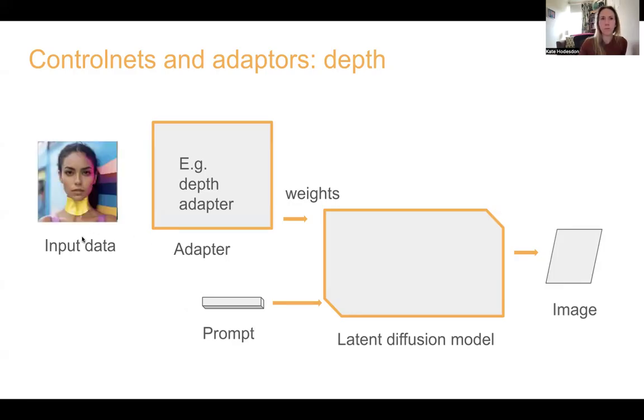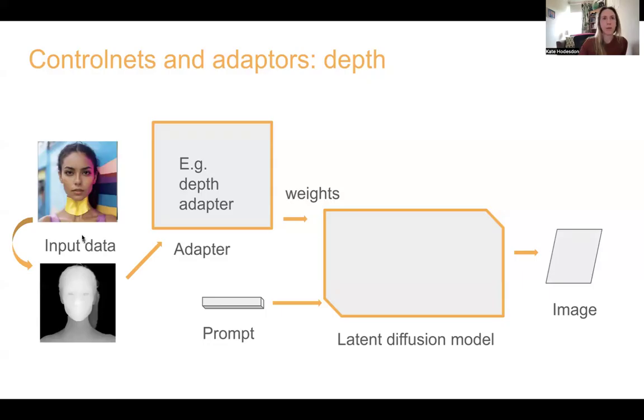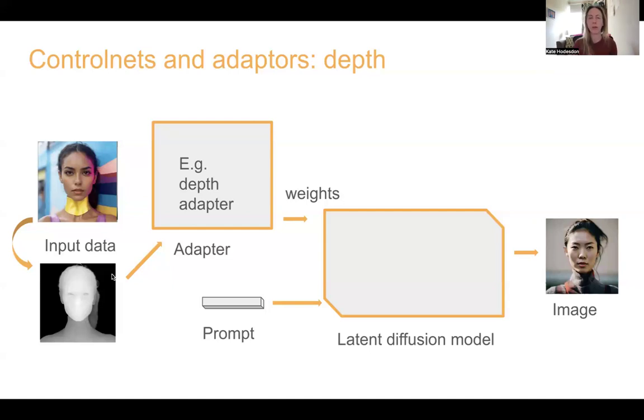So for example, this kind of thing is a depth map, and we'll pass this into our adapter. And then over here you have an output picture, this person, which matches the depth map. So the relative positioning of the features in 3D space is the same, but the surface level details are different.